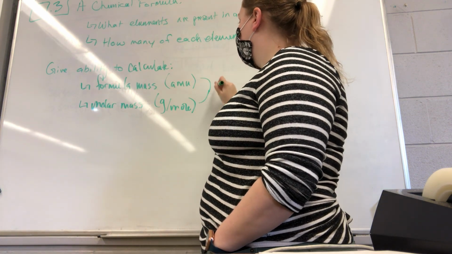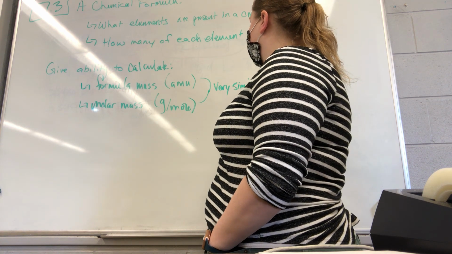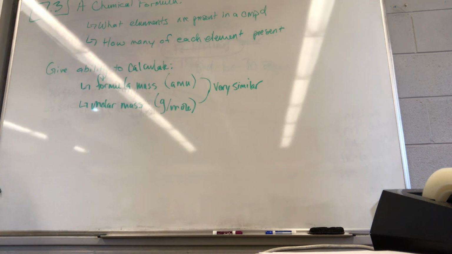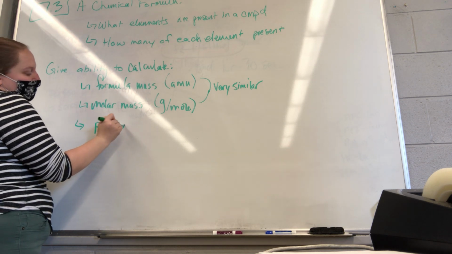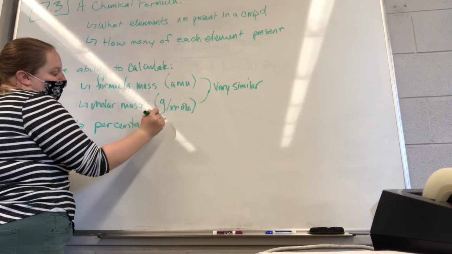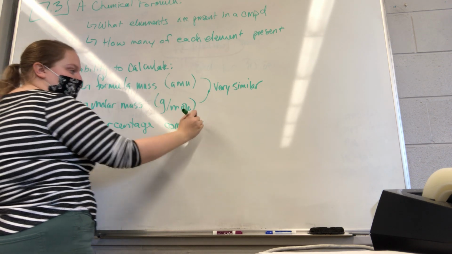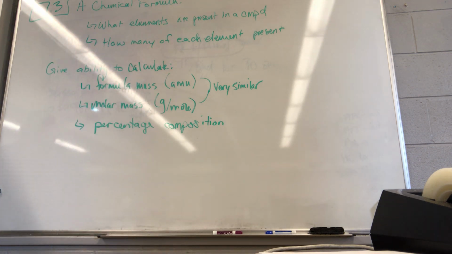These two are very similar. Whatever process we use for one, we're going to use for the other. The only thing that's going to be different is going to be the unit. And then the last thing, and the last topic of today's lecture, will be the percentage composition. This is where we take an element's mass and we try to figure out what percentage of that compound is given to one single element.